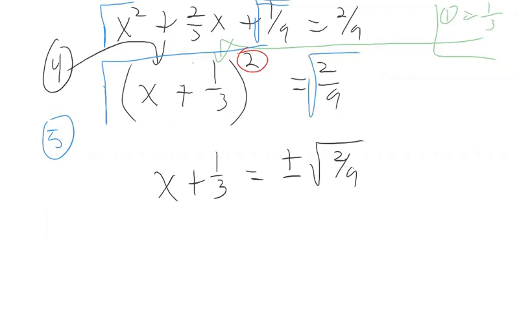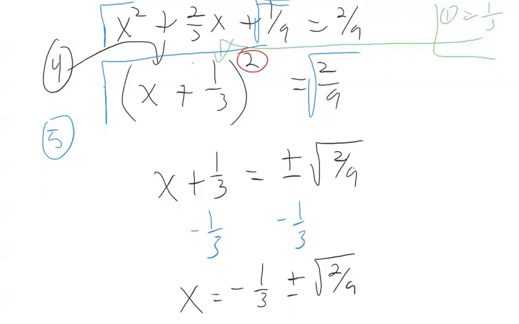Now I solve for x, which just means I subtract 1/3 from both sides. And I get the answer x equals a negative 1/3 plus or minus the square root of 2/9. And therefore, I think this is step 6 and this is step 7.